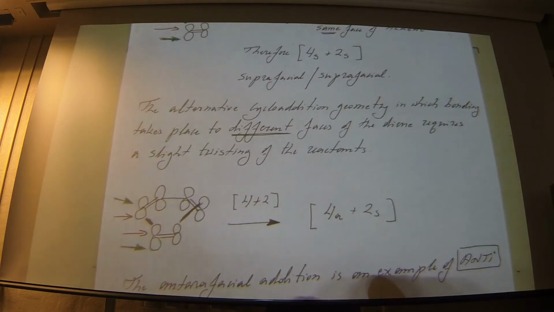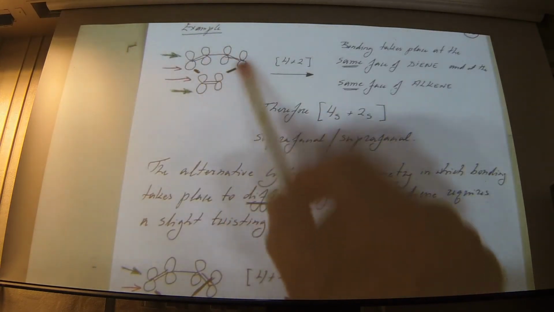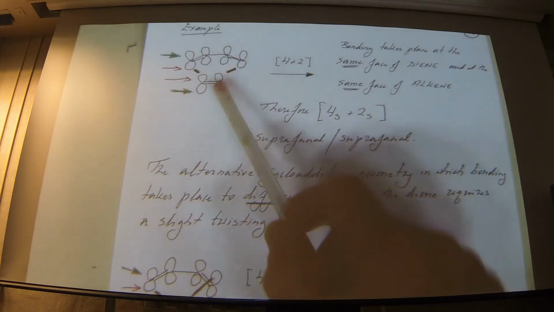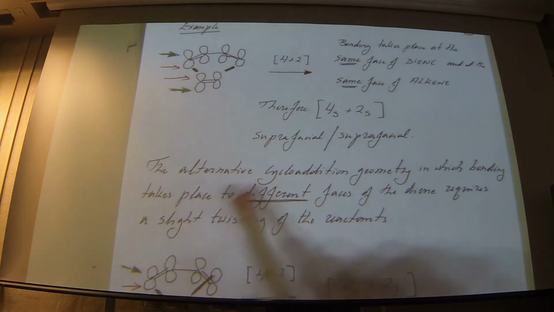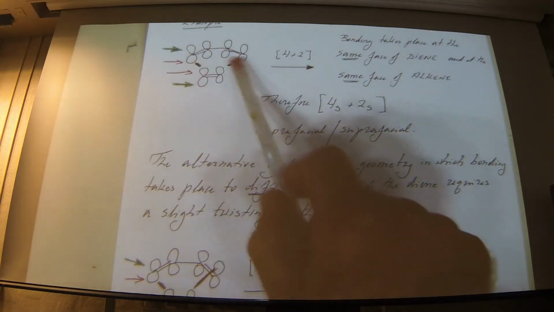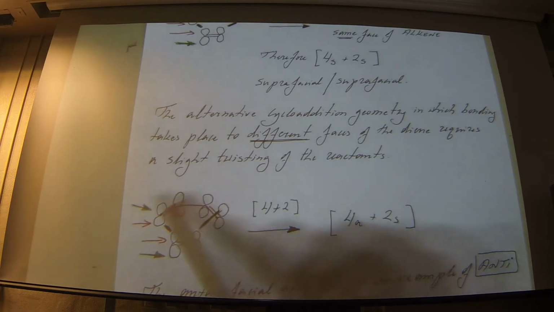Okay, so to recap what I just said, the alternative cycloaddition, and by the way, this is how the Diels-Alder takes place, just so you remember. It is supra-supra. We'll see why. But the alternative cycloaddition geometry would be not same face, but same face, different face.